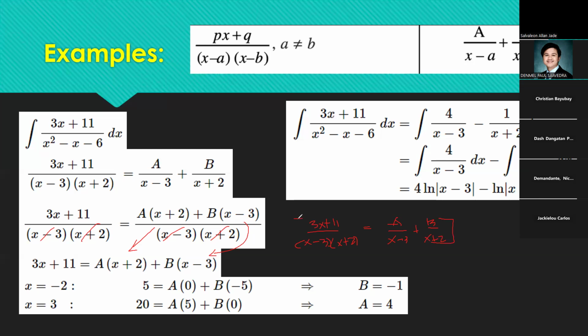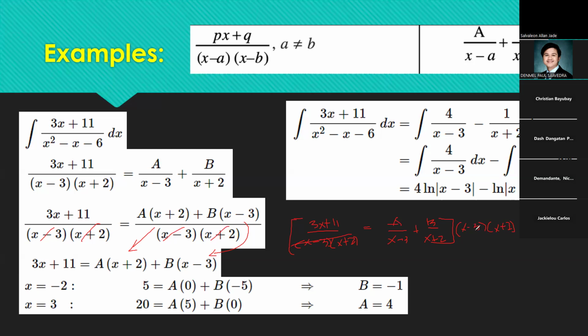So we multiply this one, x minus 3 times x plus 2, to the entire equation, the left hand and then the right hand equation. So upon multiplying this one, of course, the left hand equation, it will cancel everything. Correct? Nakuha? Can you guys follow? Can you guys understand? Okay, please let me know so that we could go faster.